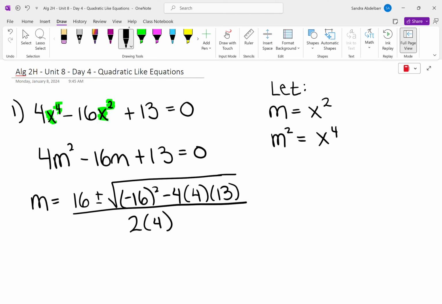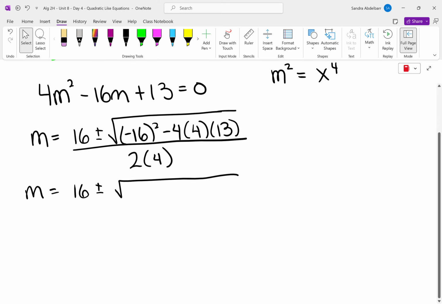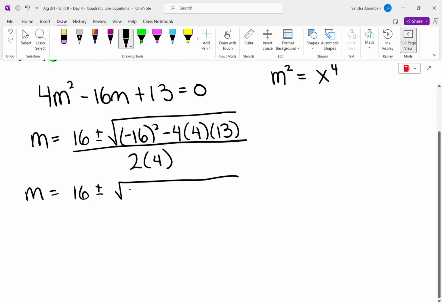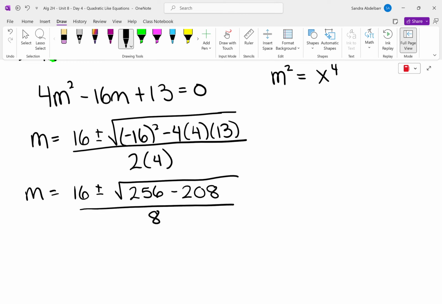All right, let's simplify. Negative 16 squared is 256. Negative 4 times 13 will be a negative 208, all over 8.